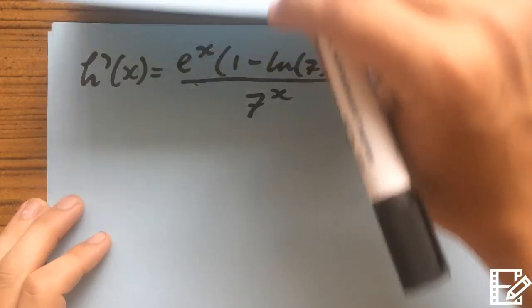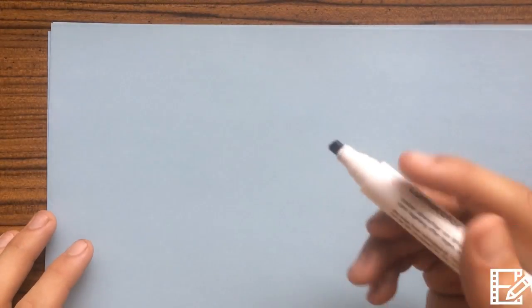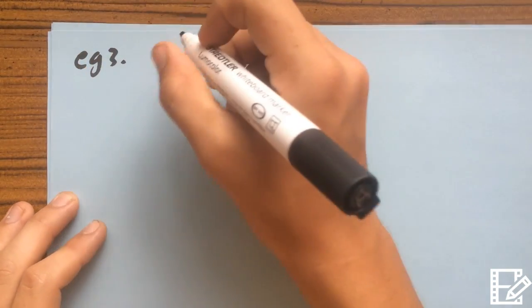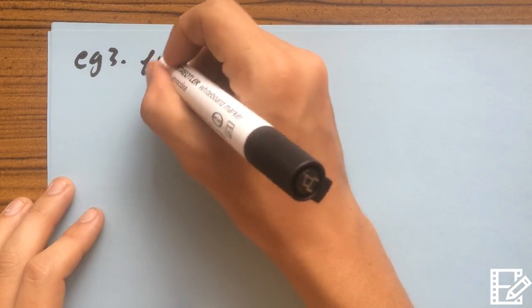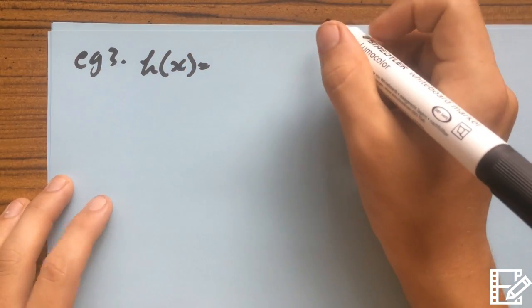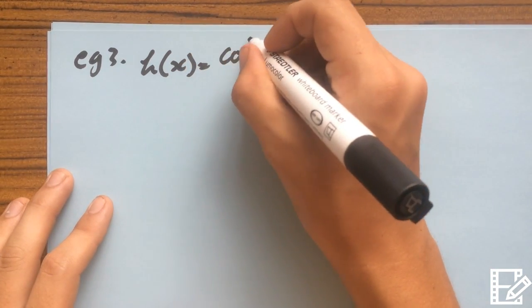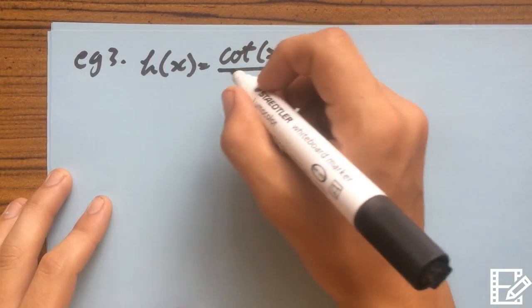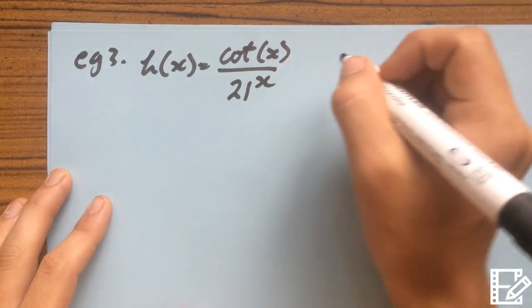We'll do a third and final example. Say we have h(x) equals cotangent x over 21 to the power of x.